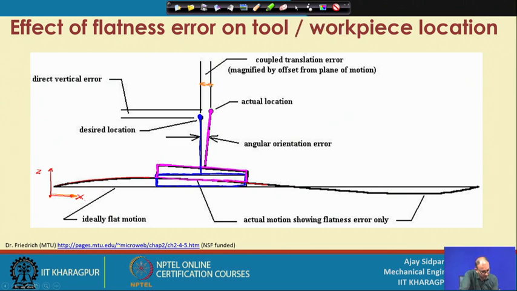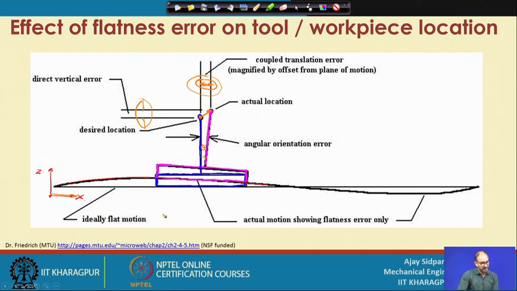Our error or the deviation in dimension should be in the x direction, but you see that this dimension change is also there and this dimension is also there. So, you have a vertical error also, because this is displaced at this location because of this angle theta, and because of that you end up with a two dimensional error, one in the vertical dimension and another in the horizontal direction. So, what is the conclusion of this?